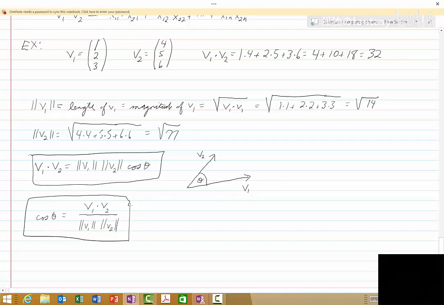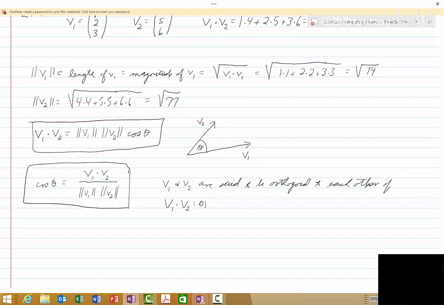And so now we are finally ready to talk about orthogonality. V1 and V2 are said to be orthogonal to each other if V1 dot V2 is equal to 0.